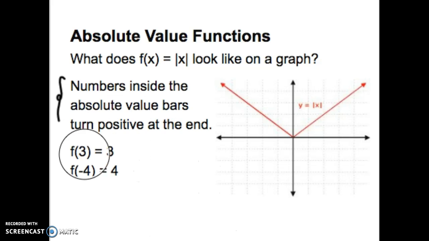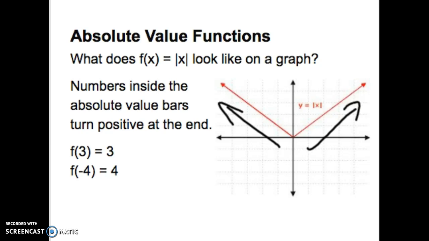What this means in terms of the picture of the graph is we end up having a V shape. It's similar to a quadratic, and we have a maximum or a minimum, but instead of a curved sketch, we actually have straight linear lines. These linear equations go left and go right, forming our classic V shape.